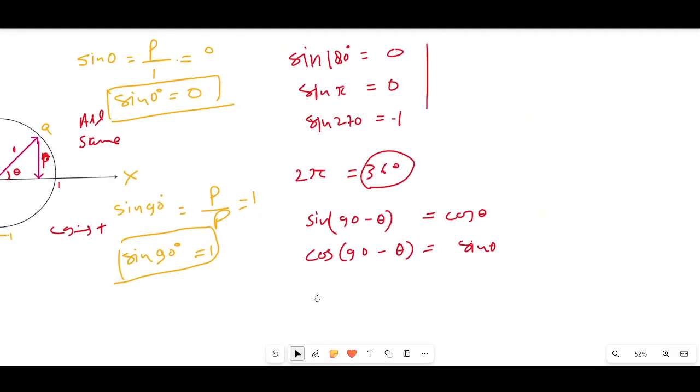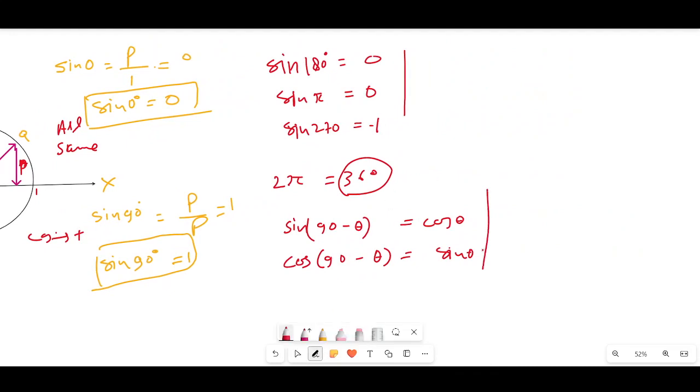Now how will we find out the other values? With the help of the same thing, sine 90 plus theta and cos 90 plus theta. Because this is the second quadrant and sine gives the positive sign, sine 90 plus theta is cos theta in positive sign, and cos 90 plus theta is minus sine theta, because the value of cos in the second quadrant is negative. Then we change according to 90, and according to 180 we write the same things.